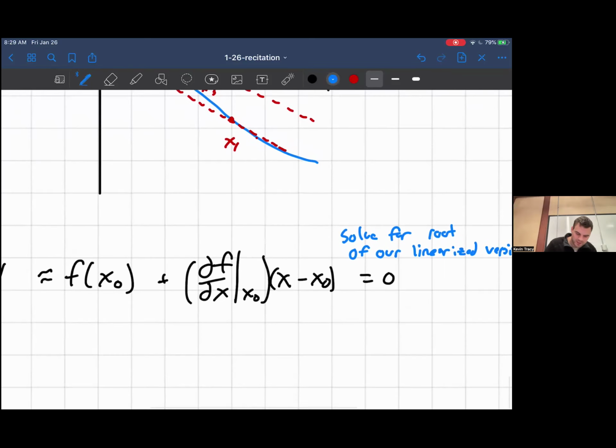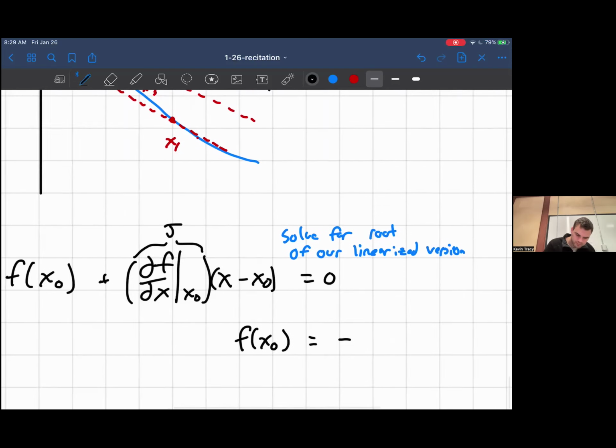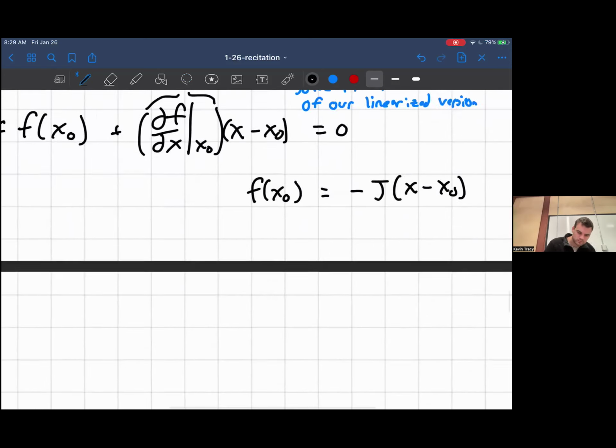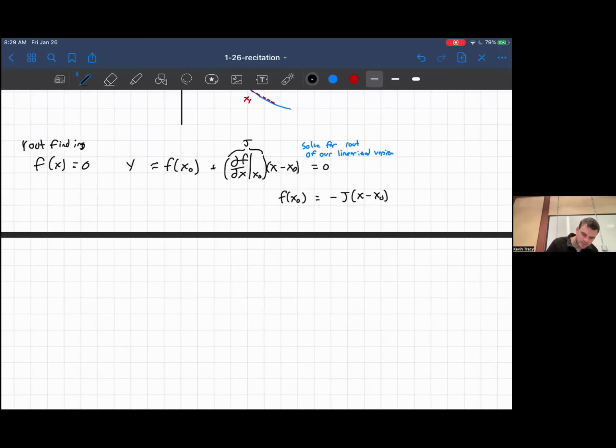So now we just substitute things. f of x0 equals negative, I'm going to call this j. And then what we see is I can just do, let me find a better way to write this. It would be a little clearer.